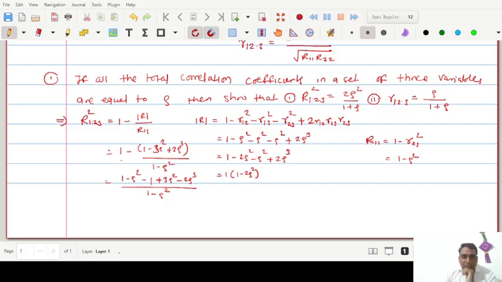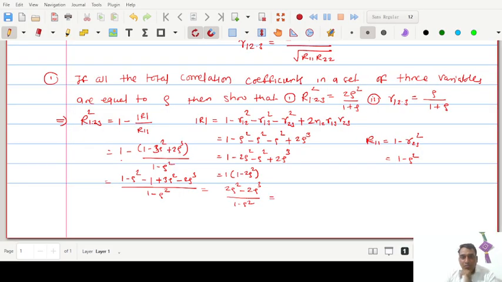Finally, 1 gets cancelled, and we have 2 rho square minus 2 rho cube upon 1 minus rho square.